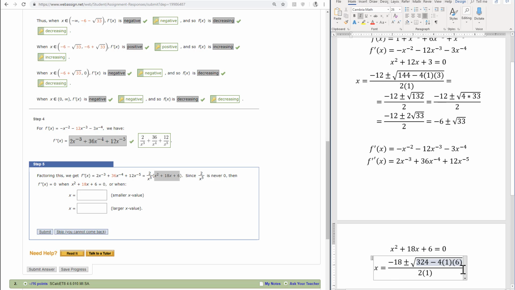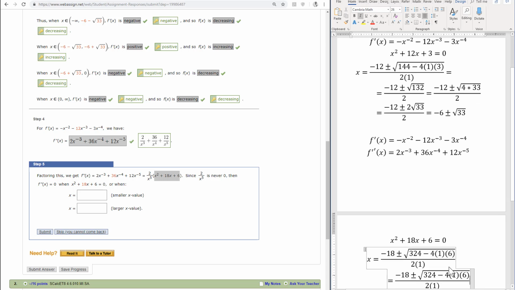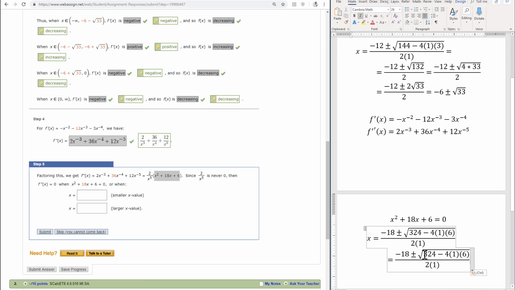All right, so what is this equal to? Let's go ahead and punch this into our calculator. 324 minus 24. Well, that's 300, I think. Square root of 300. Does that have a 4 in it?